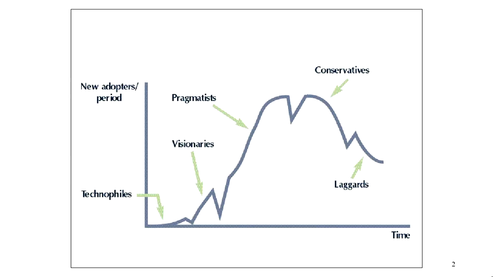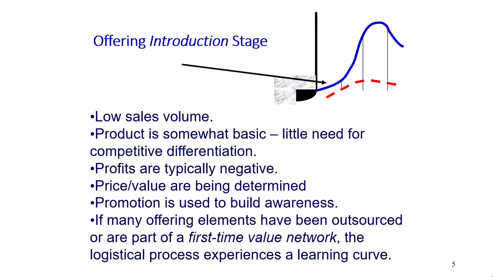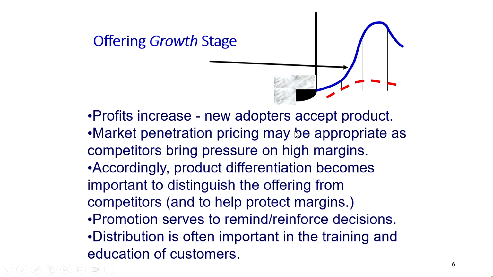So, we come to the next stage, which from a sales revenue and profit generation perspective is the most important stage. It comes from this part, which is the pragmatist market segment, and this is the segment which leads to the growth stage. So, this is the mainstream market.